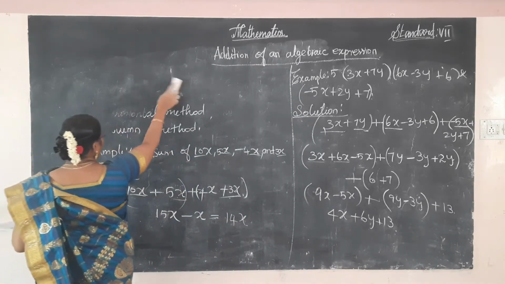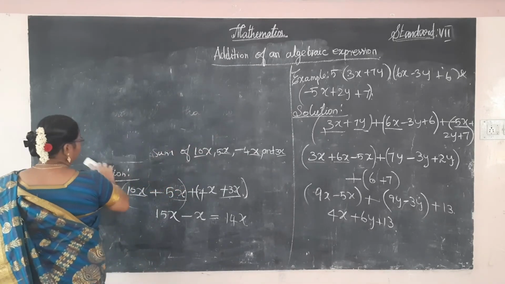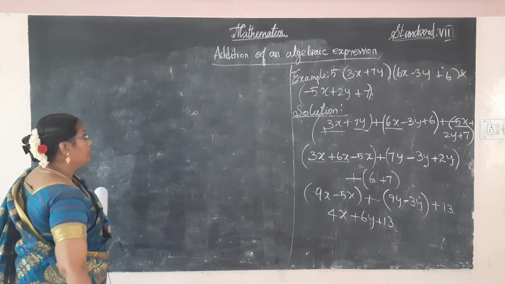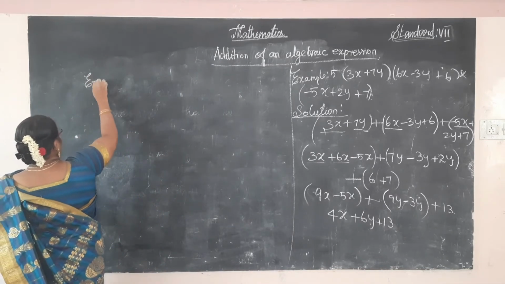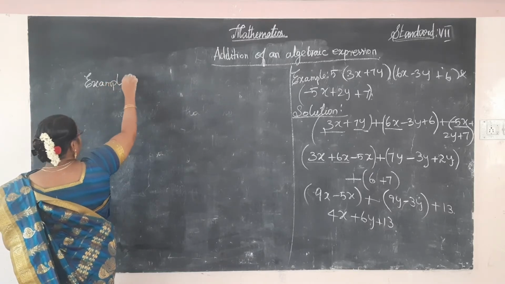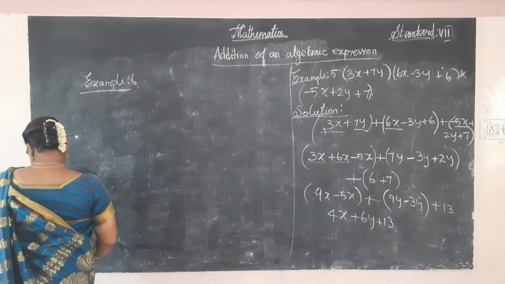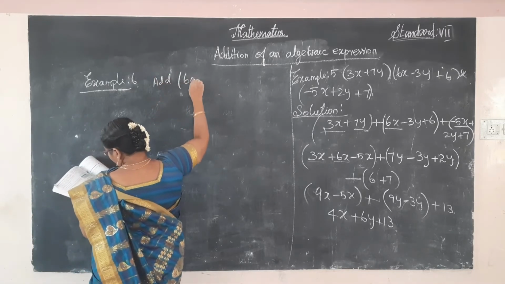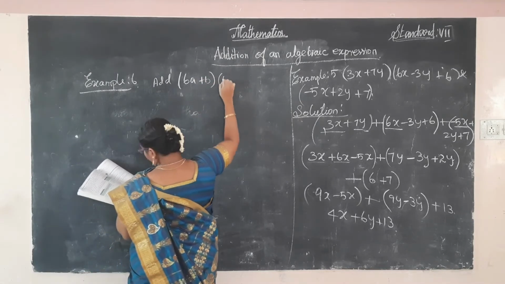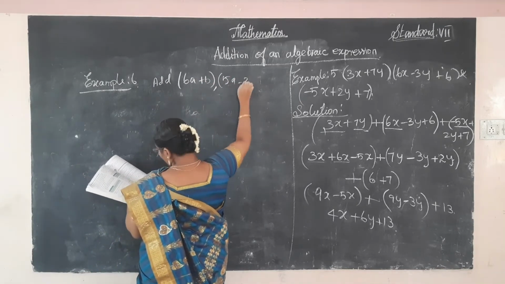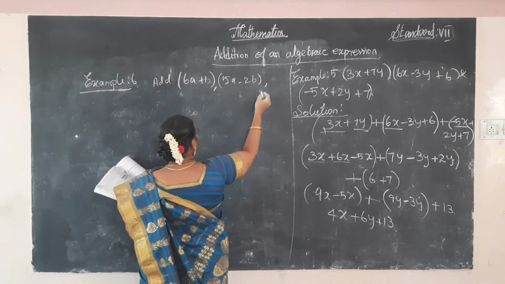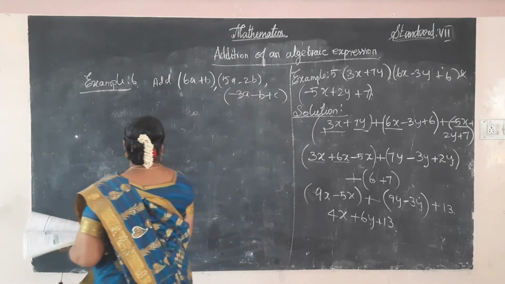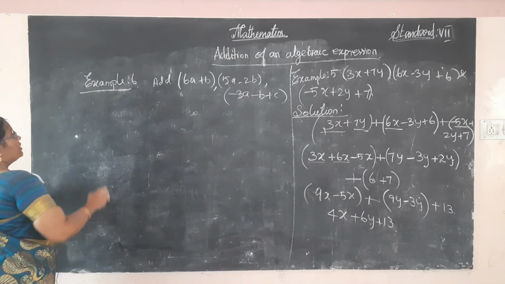Example 6. Add 6a plus b, 5a minus 2b, and minus 3a minus b plus c.